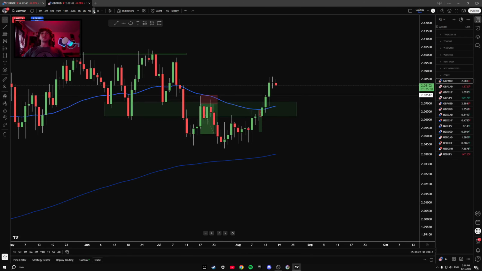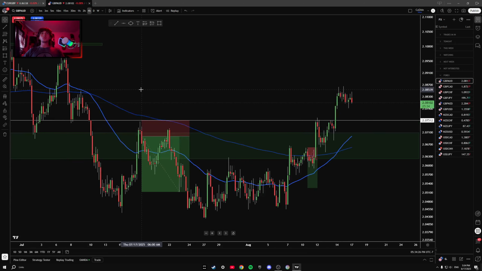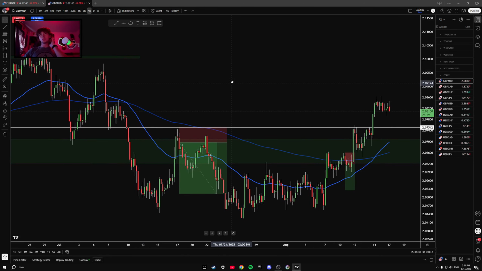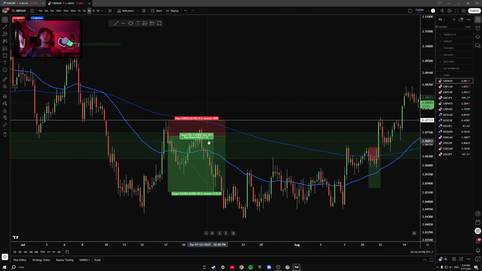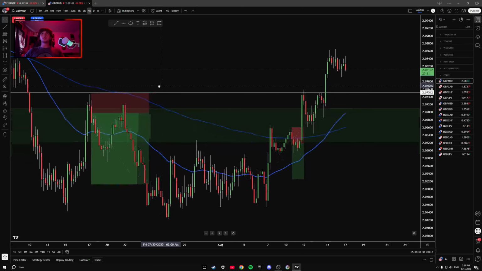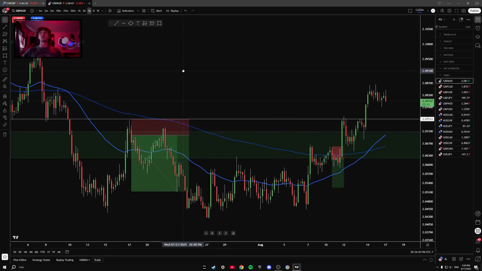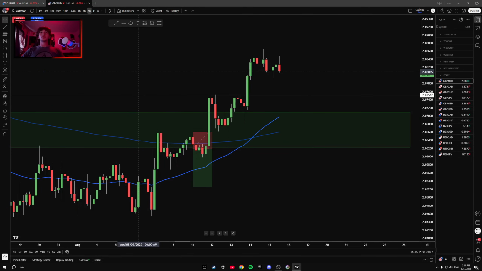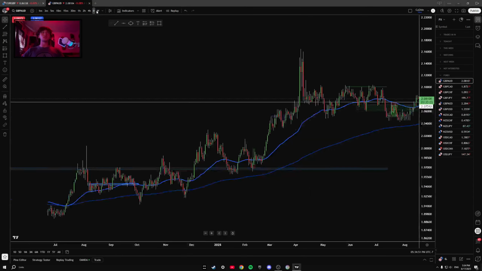GBP AUD. Pretty sure we held through this whole pullback, so that was really good of me. Very glad. Took big, humongous balls from me, so appreciate you cashing. That's what it takes, for real.